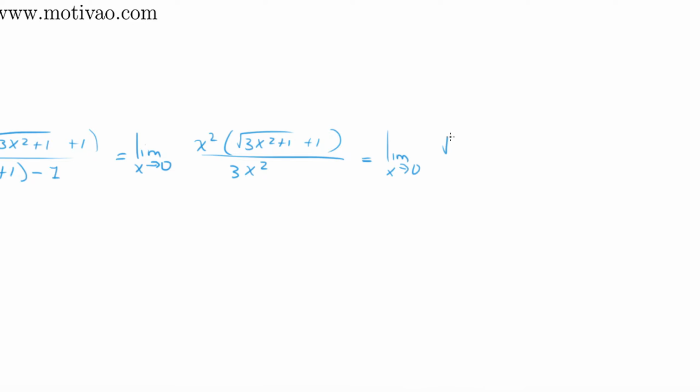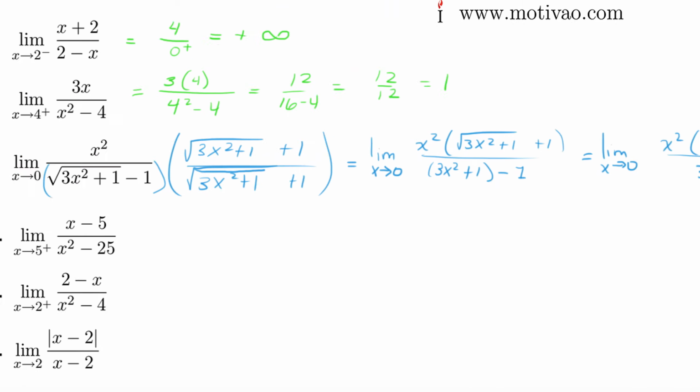And you're left with the square root of 3x squared plus 1 plus 1 over 3. Now we plug in 0, you get the square root of 1. So the square root of 3 times 0 squared is 0, plus 1 is 1, the square root of 1 is 1, so 1 plus 1 over 3 gives you 2/3. And that will be your answer.